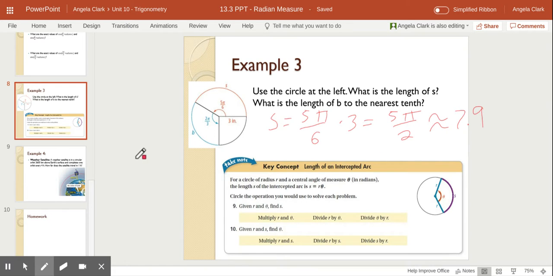And then this other one, B, I'll go ahead and change color.